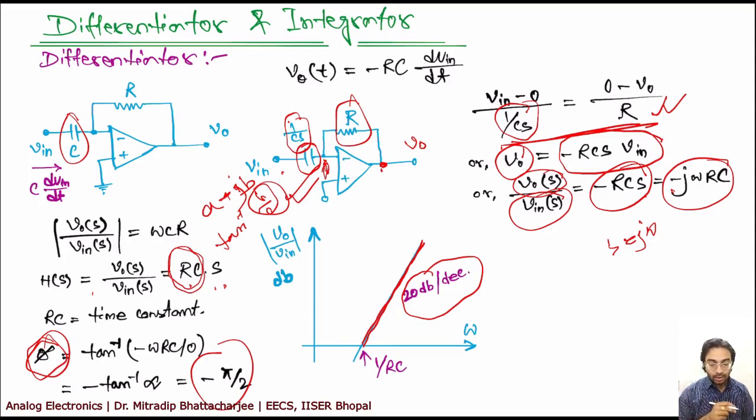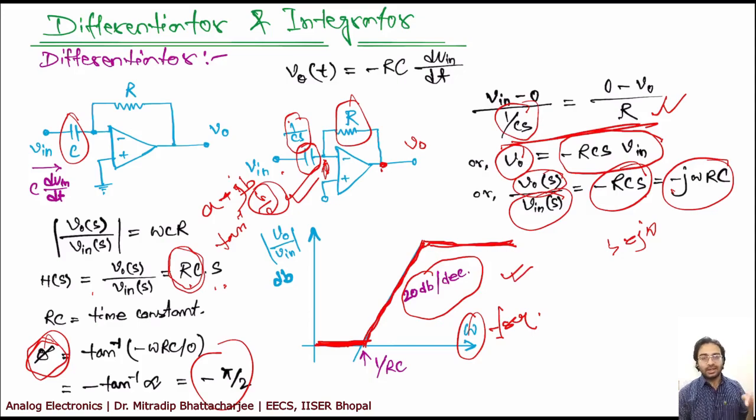Okay, now for some reason, if you can make this part flat like this, and this is your frequency, so what does that mean? It means that at low frequency there is no gain, nothing, and at high frequency this circuit is allowing the signal to pass. So that means it's a high pass filter.